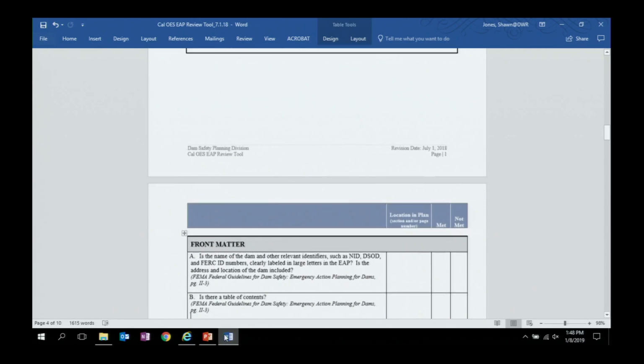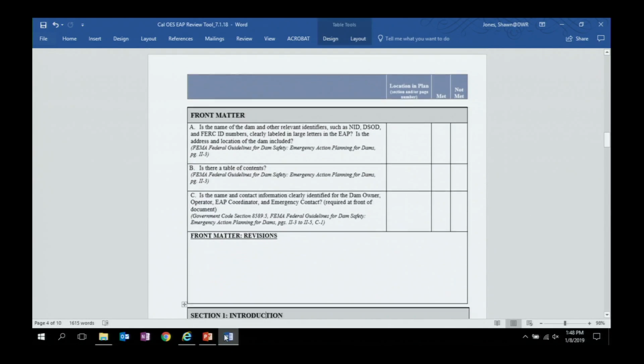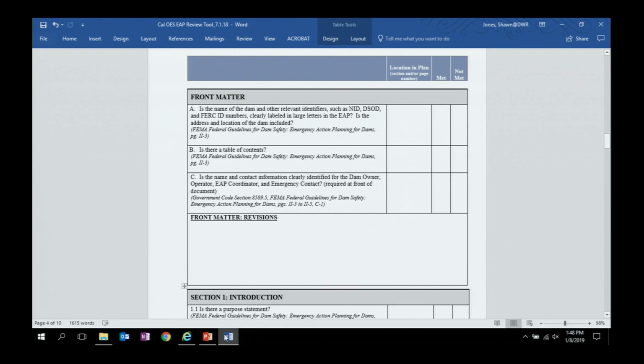Moving on, the second page of the review tool is the front matter. This is the front of your EAP. So what are we looking for here? In section A, we're looking for the name of the dam and relevant identifiers such as NID. Do you have an NID number?